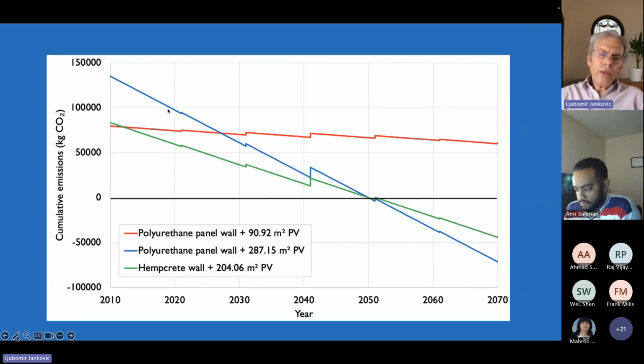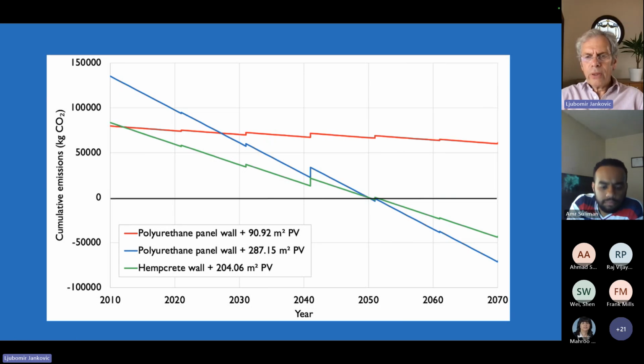But if we apply F factor to conventional materials and increase PV to this much, then we will achieve zero emissions, total zero emissions, cumulative and operational, by 2050. And if we use hempcrete wool and a much smaller increase of PV, then we will achieve zero emissions there in 2050.